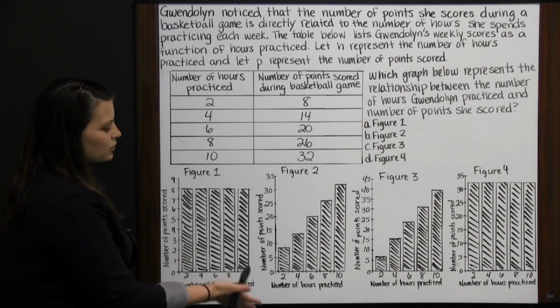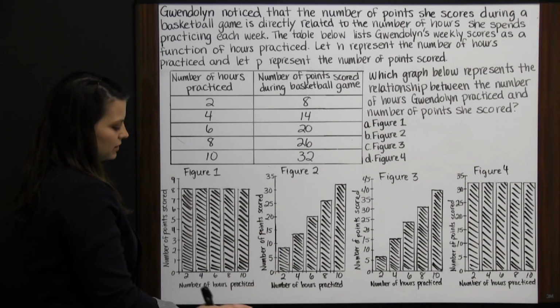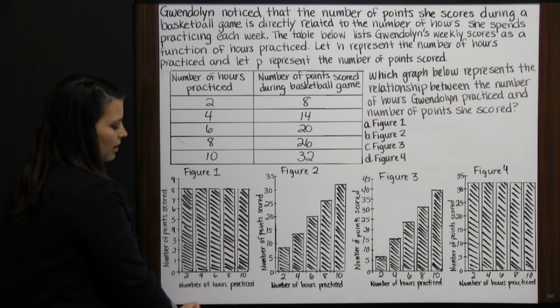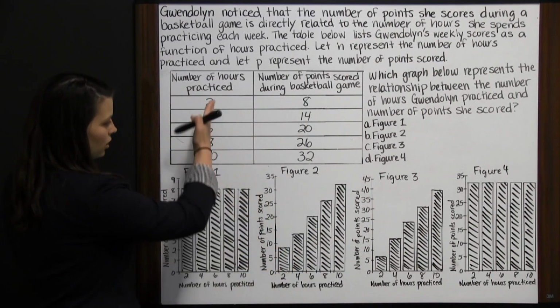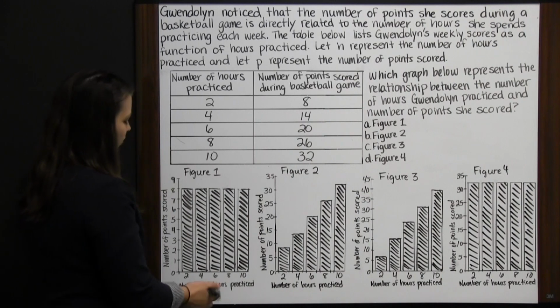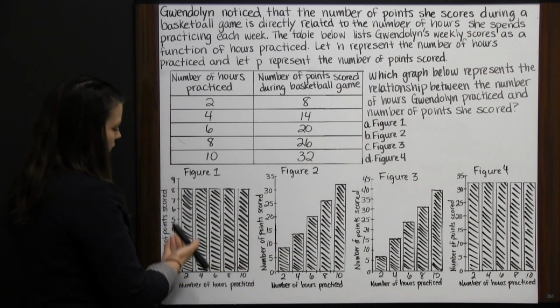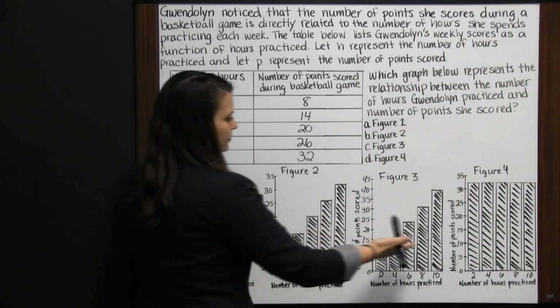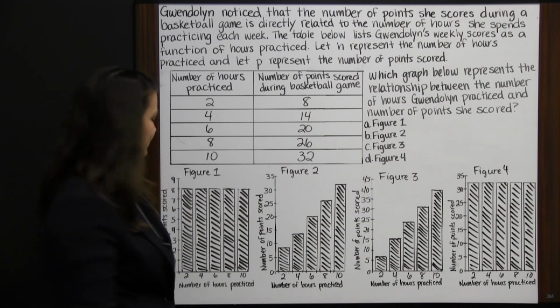Well, if we study these graphs for a minute, we see that on all of our graphs, the x-axis is the number of hours practiced. And those hours are 2, 4, 6, 8, and 10. And if we look at the y-axis, those are all the number of points scored. However, the ranges vary.